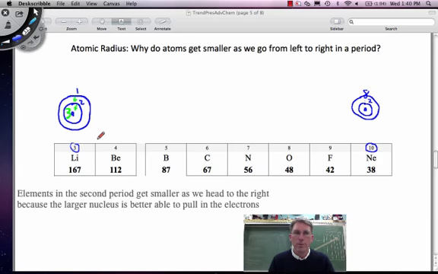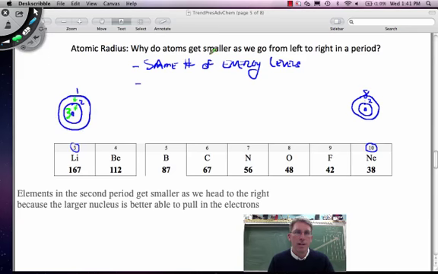When we go from left to right, the number of rings stays the same. It's got 2 energy levels here and 2 energy levels over here. So up here I'm going to say same number of energy levels. But the difference is the inside.